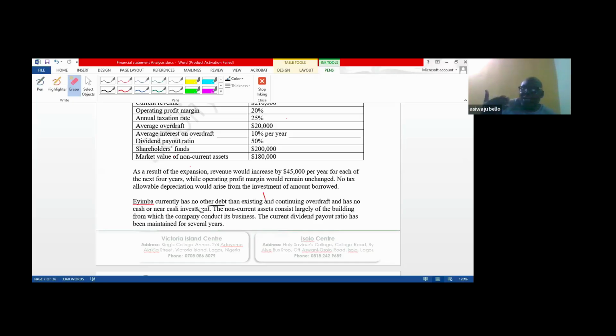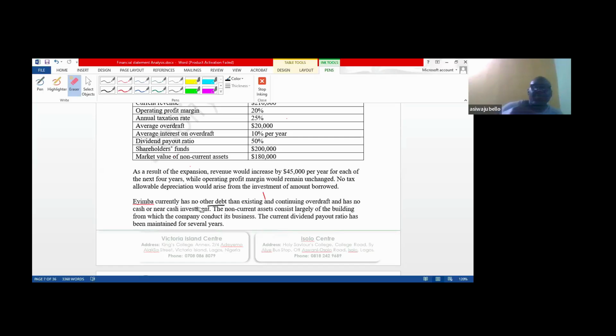If a company does not have cash or near cash currently, I will now ask myself, with the new projects, with the expansion, we are taking the loan. The loan will be used for expansion.